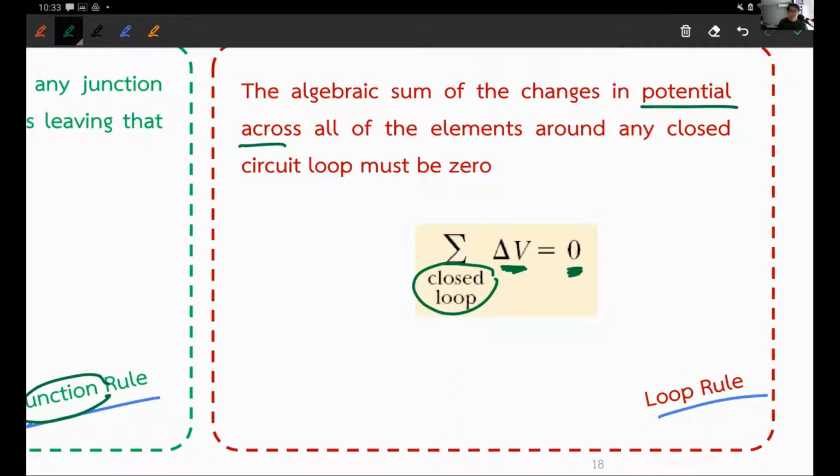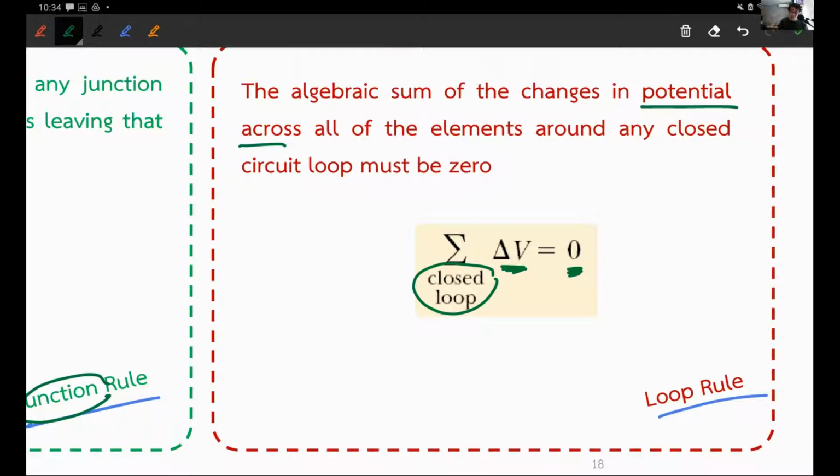If I want to bring this topic back to energy, it's the same thing as potential energy. If I bring this back to thermodynamics, it's the same thing as internal energy. Every time you come back into the loop, the total internal energy is going to be the same. Same idea, because the potential we are talking about here is the same as other potentials.